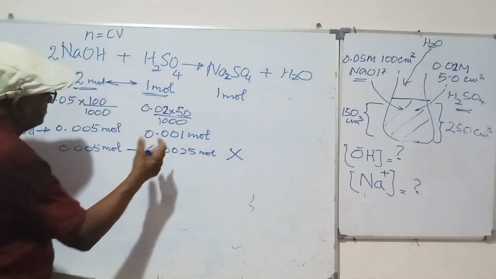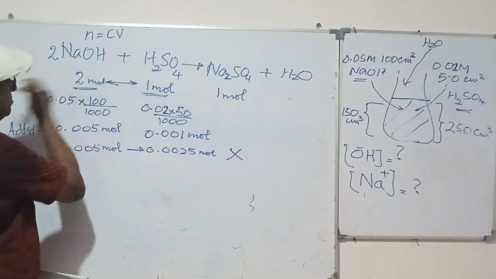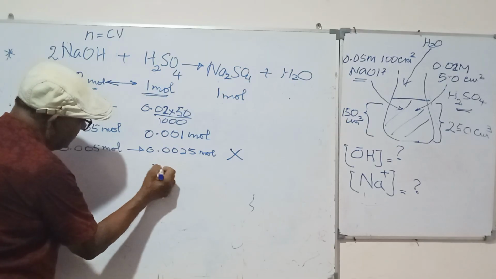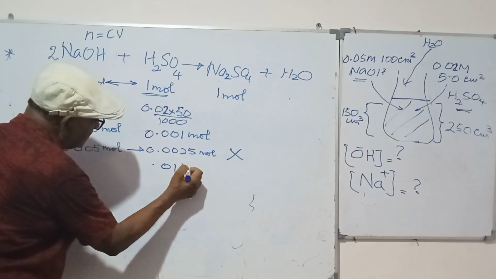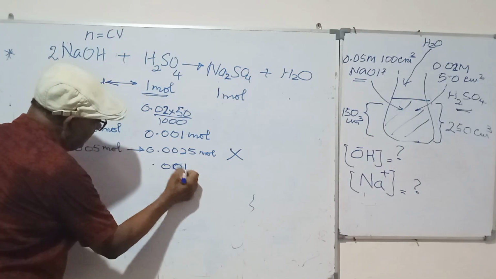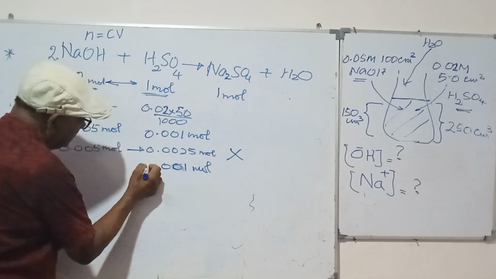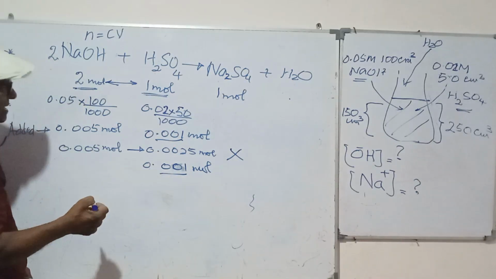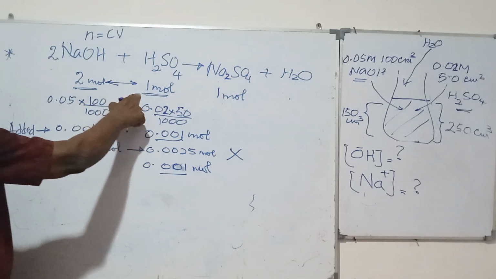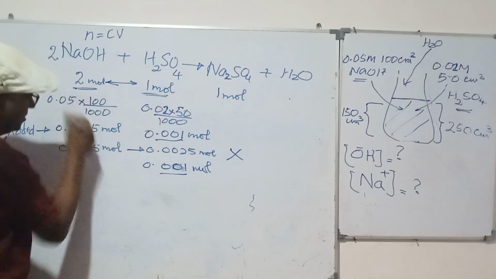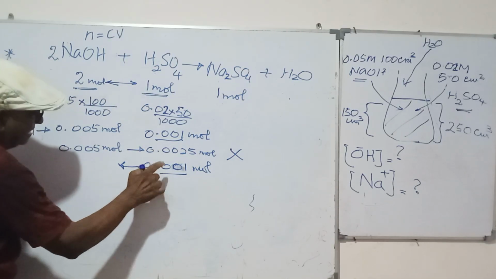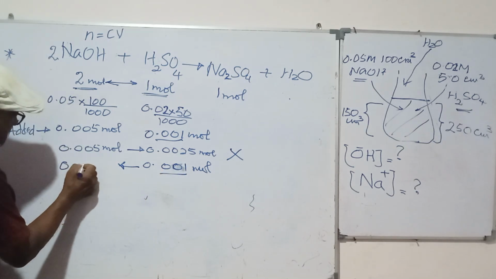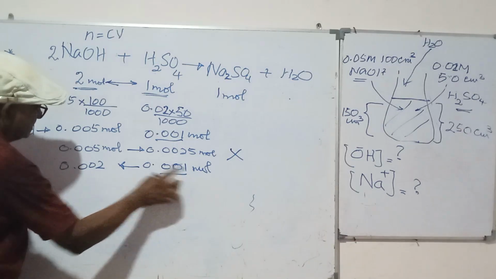Then we must go from sulfuric to NaOH, the other side. The present amount, 0.001, is the present moles of sulfuric. It is 1, it needs 2, means 0.001 needs 0.002. 1:2.